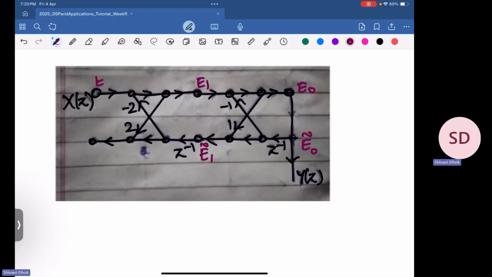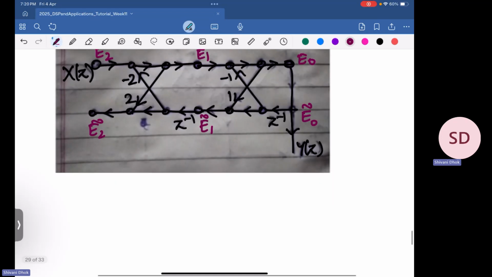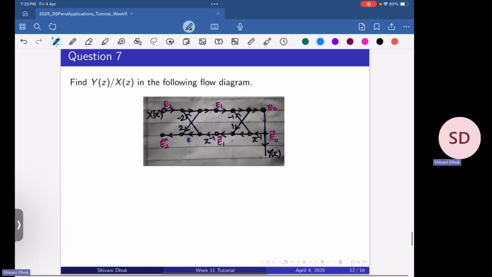And here it is E2 and E2 tilde. Okay, so basically what do we have from this figure? We have X of Z as our E2 of Z.